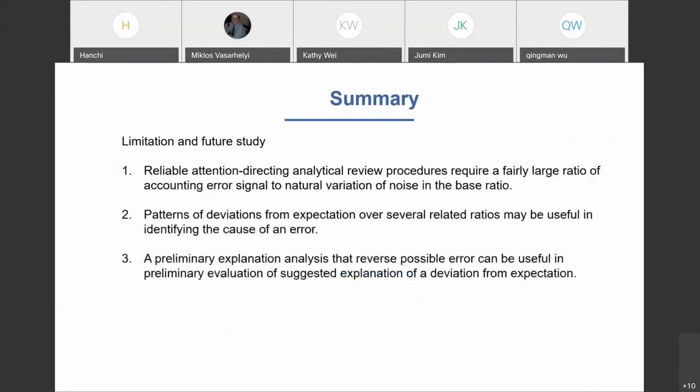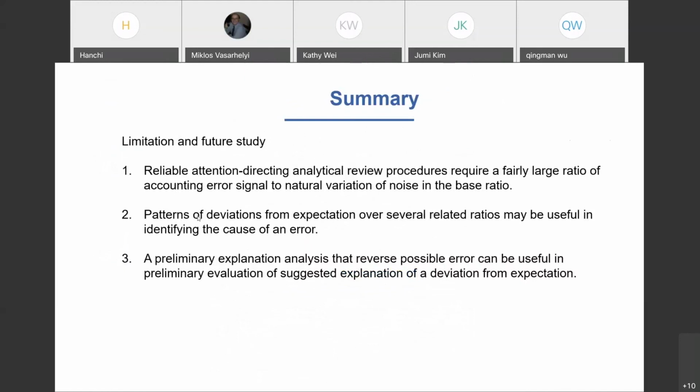Okay, finally, we will give a summary of the limitations and future study of this paper. Reliable attention-directing and analytical review procedures require a fairly large ratio of accounting error signal, so we can get rid of the natural variation or noise.